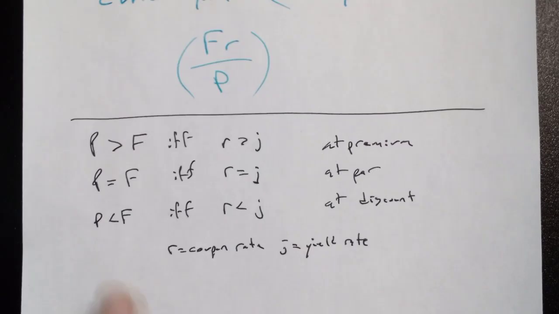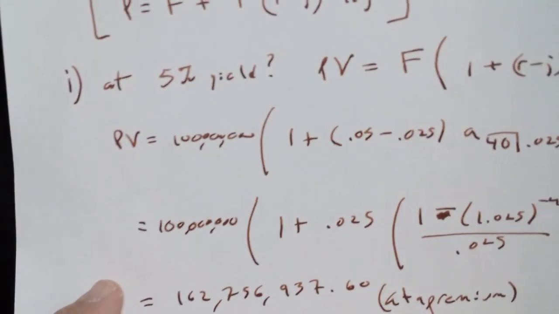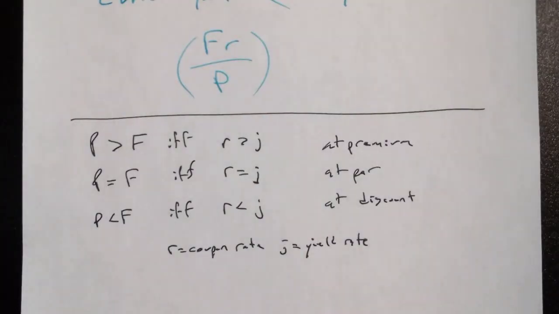The other way to think of this is that when you buy a bond at a premium, you're declaring a capital loss in the future. I paid $162 million for a return of $100 million in 20 years, because that was the term of the bond we were looking at previously. And if I buy it at a premium, paying 162 now to get 100 later.